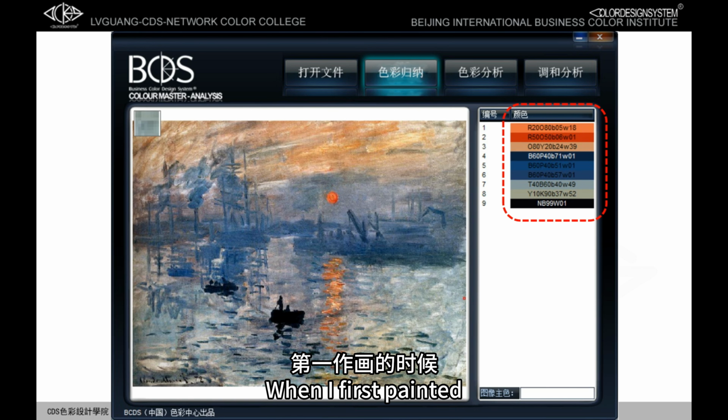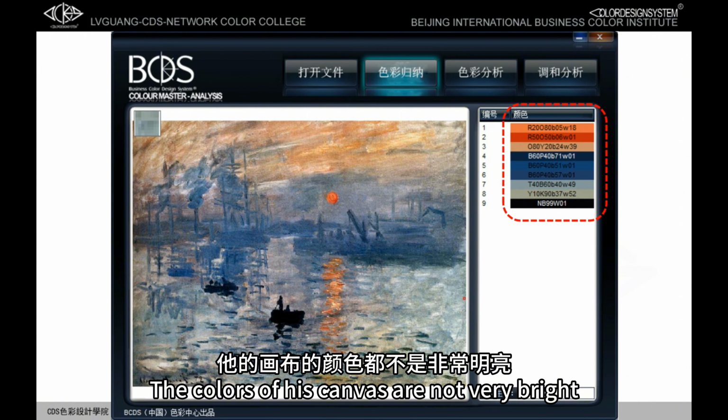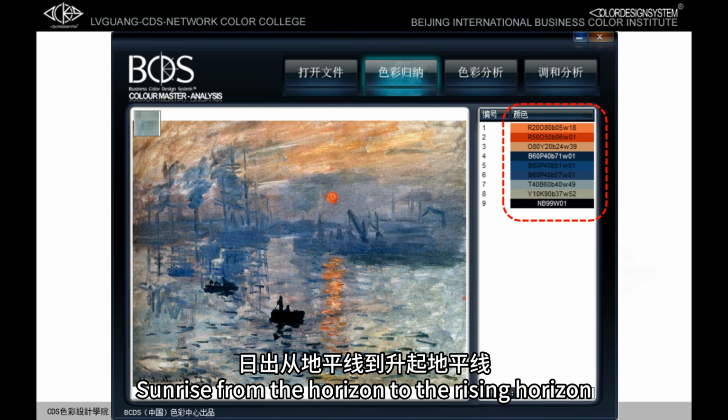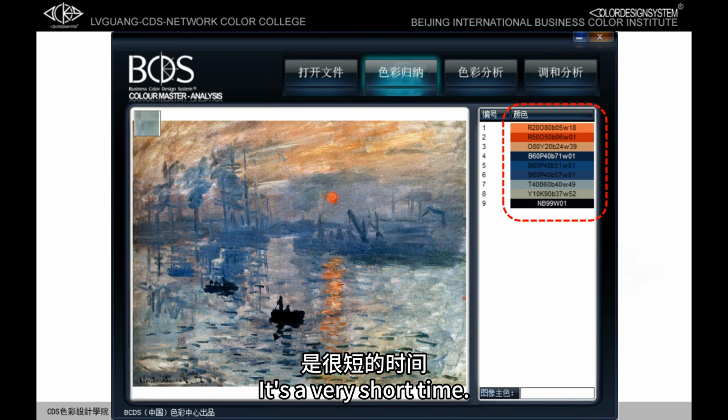When he first painted the color of the sun, the colors of his canvas were not very bright. Second, the sunrise from the horizon to the rising horizon takes a very short time.